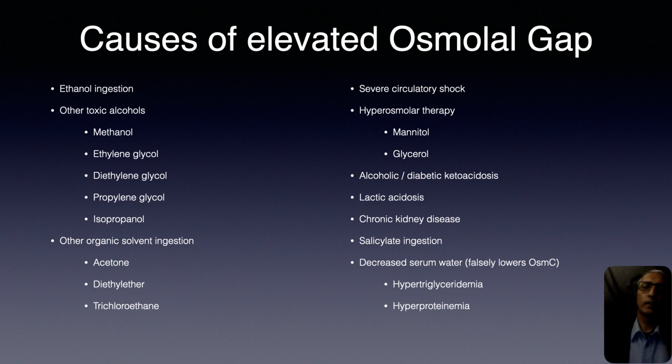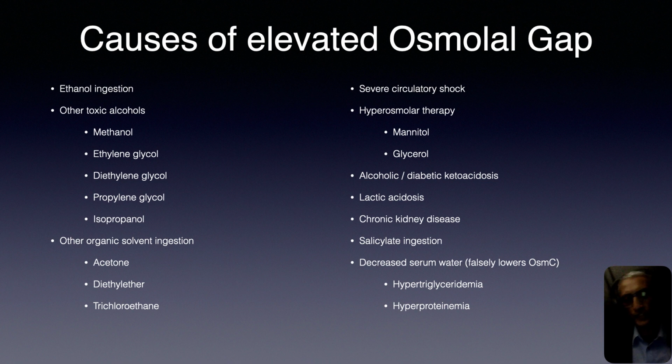Some common ones are ethanol ingestion, toxic alcohols like methanol, ethylene glycol, diethylene glycol, or propylene glycol, or solvents like acetone, and other chemicals like diethyl ether or trichloroethane. The gap can also go higher in patients having severe circulatory shock, or with hyperosmolar therapy when we give mannitol or glycerol, which are osmotically active particles.